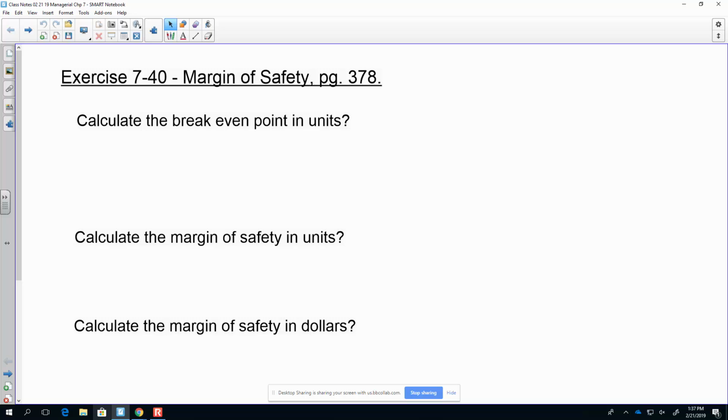On problem 40, we've got materials, labor, overhead, variable selling, and then we have our fixed costs below, both manufacturing and administration. And we also have a selling price of $812. So lots of things going on here.